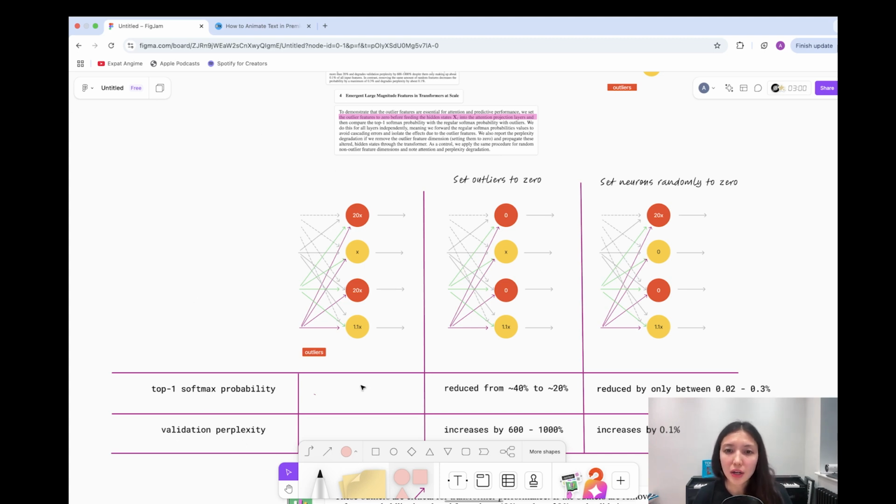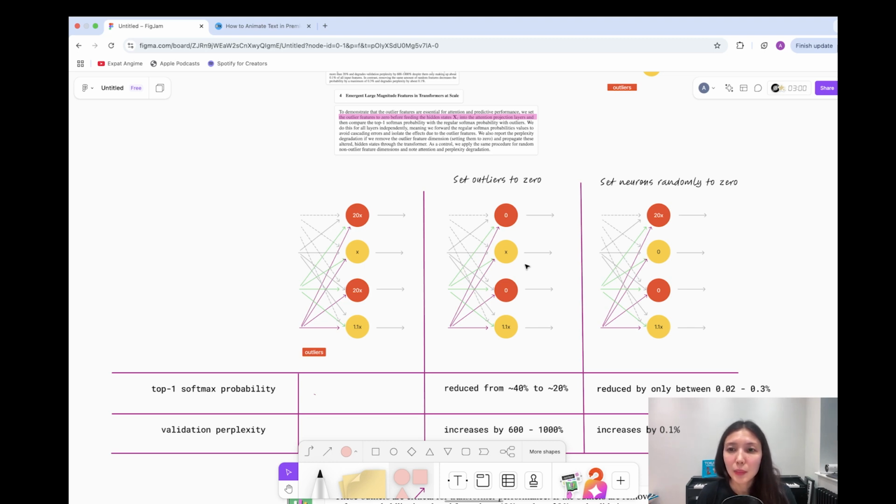And the results are interesting. They see that in a model where they set outliers to 0, softmax probability is reduced from 40% to 20% and validation perplexity is increased by 600 to 1000%. This is huge.